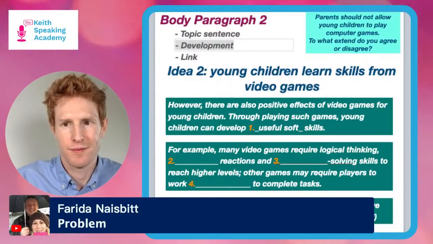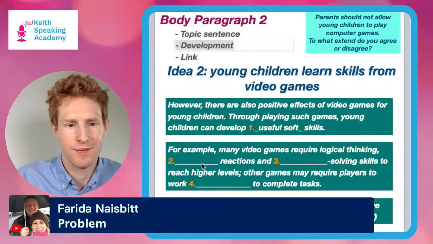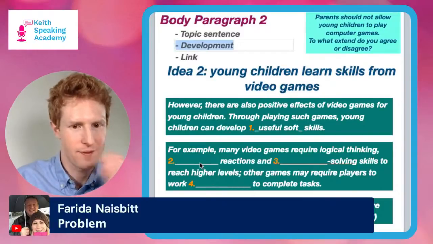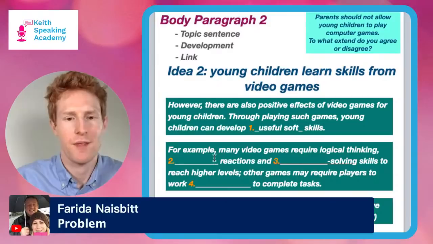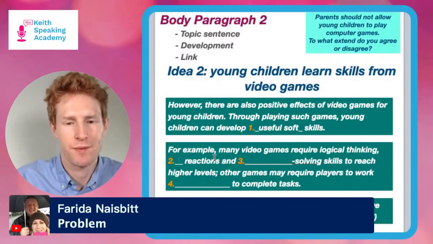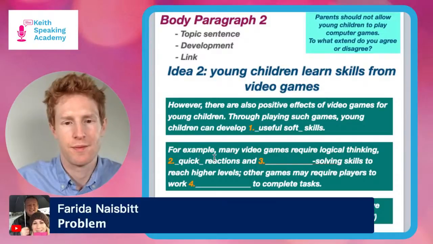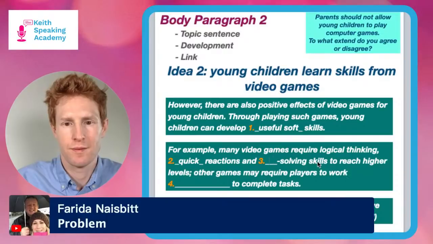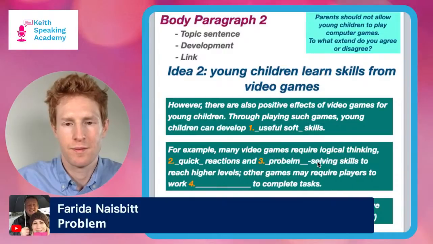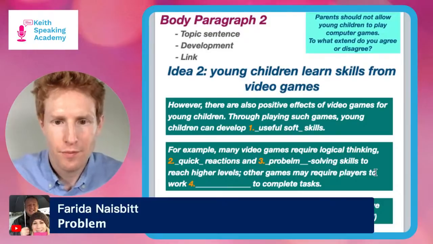Yeah, everyone's got number 2 and 3. I'm going to fill in 2 and 3 as we're waiting for number 4, if that's okay. Yeah, great idea. So quick, I'm going to put quick. It could be quick or speedy, but I'll put in quick. And then number 3, we've got to be looking at problem solving skills to reach higher levels. Other games may require players to work.